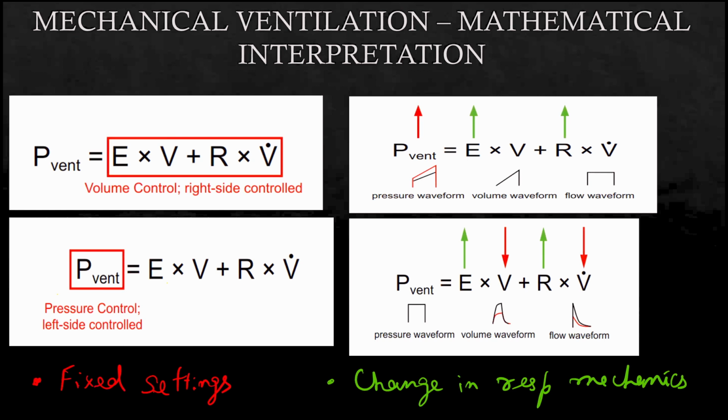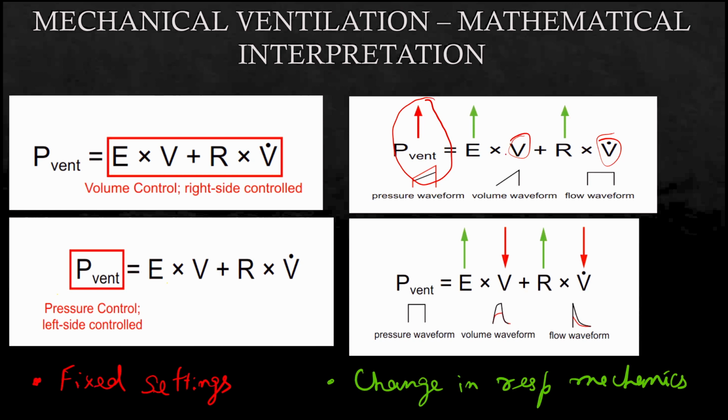So this component changes whenever there is a change in the dynamicity of the disease. The red component is the one that is quite static, which could be either pressure controlled or volume controlled. In a volume controlled setup, the volume remains constant, but changes in the elasticity or the resistance cause pressure changes, peak pressure changes.